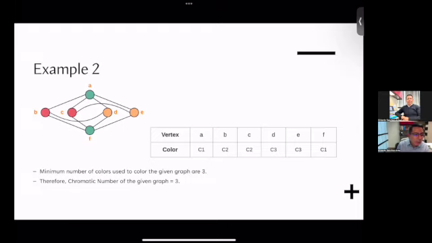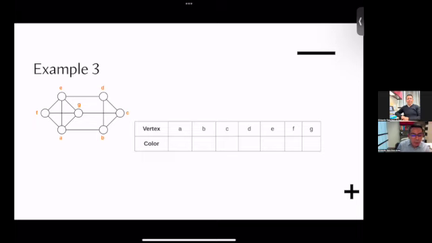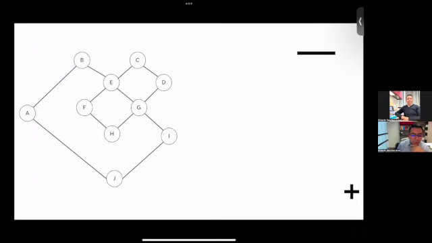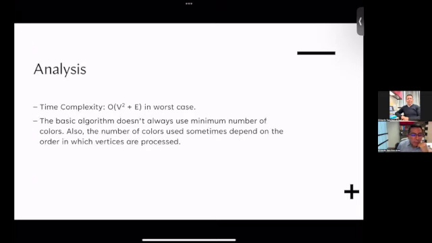So pretty simple, right? The algorithm is nice, it's fast, and you can do more examples if you want to check even more. So the complexity of this greedy algorithm is going to be V squared plus the number of edges in the worst case. So it's not that bad, quadratic in the number of vertices.